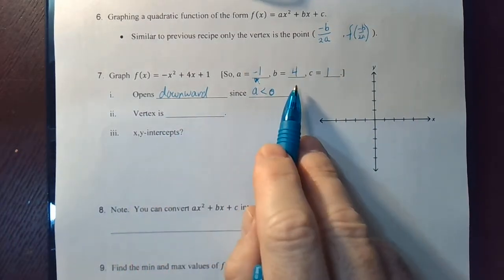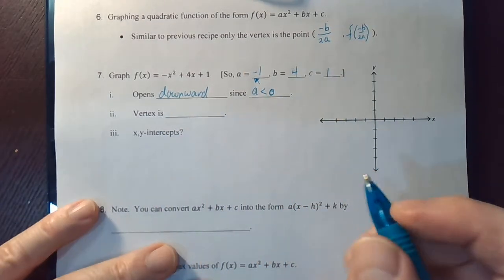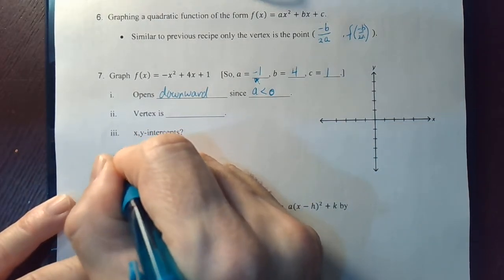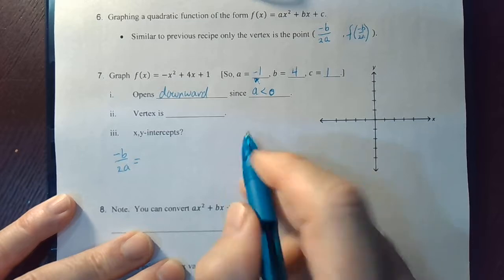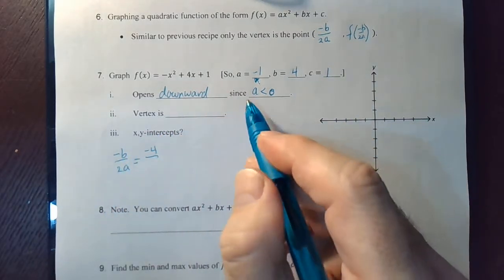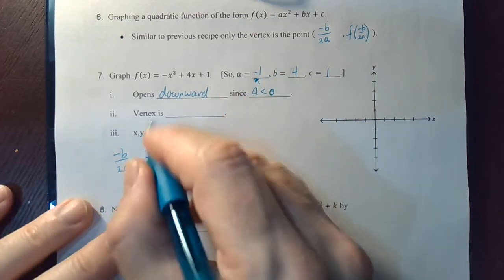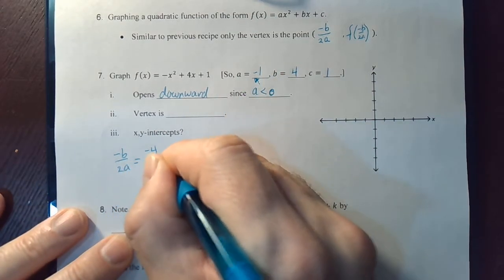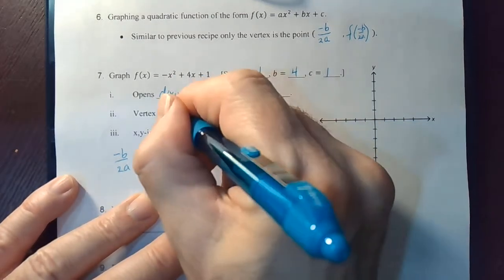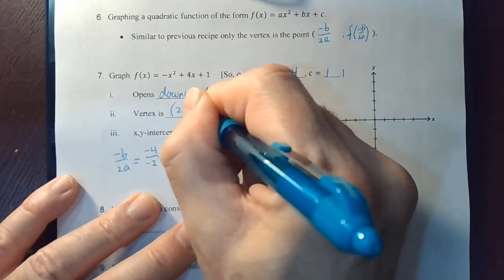And the vertex is, well, we haven't computed that. Negative b over 2a is equal to negative 4 over 2 times a would be negative 2. So 2.